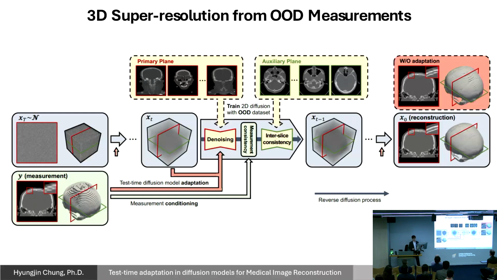But since the primary plane is trained with out-of-distribution measurements, we additionally adapt this process with the DDIP. And for the auxiliary plane, since these are in-distribution samples, we can simply use reverse diffusion sampling or do score distillation sampling gradient update steps, which we did in this work.